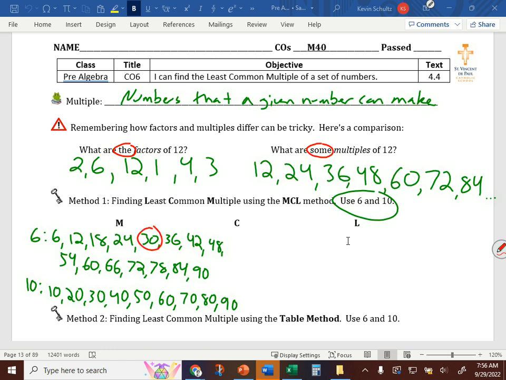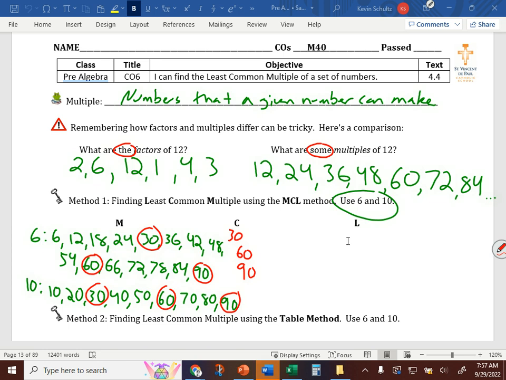I see a 30 in both of them, a 60 in both of them, a 90 in both of them. So our common multiples so far are 30, 60, and 90. We'd get more common ones if we continued, but those are the three we have in the list here.